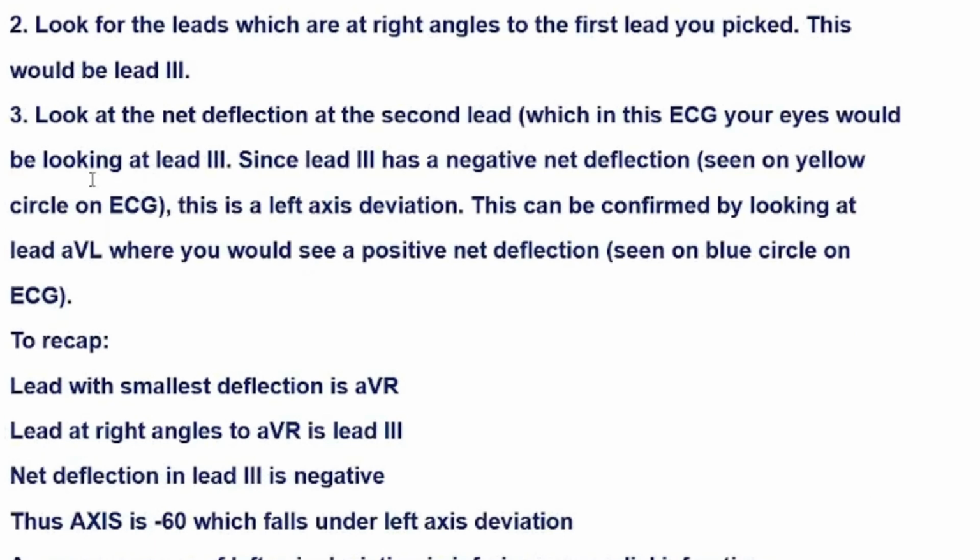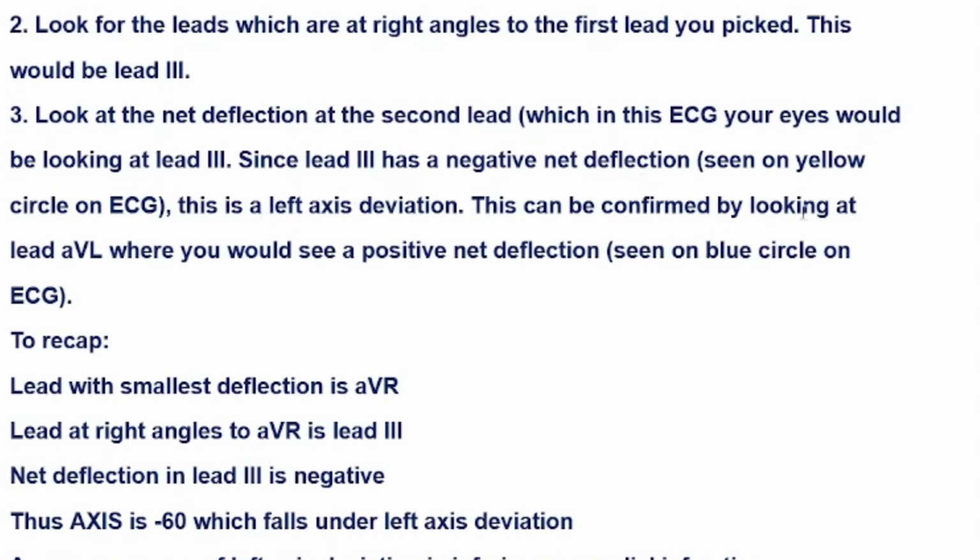And third, look at the net deflection of the second lead, in this ECG lead 3. Since lead 3 has a negative net deflection, this is a left axis deviation.